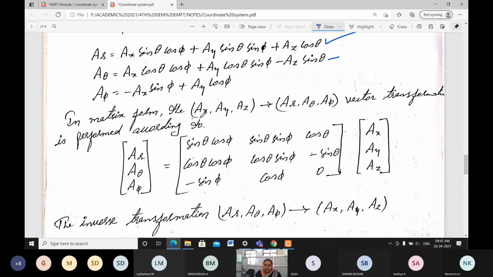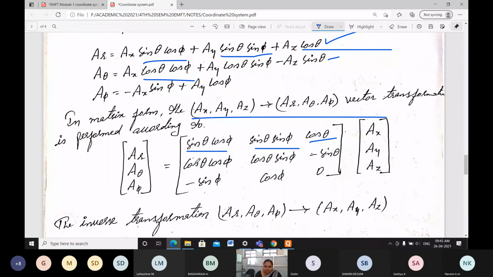In matrix form, I can write Ar, A theta, A phi as the matrix with rows: sin theta cos phi, sin theta sin phi, cos theta; then cos theta cos phi, cos theta sin phi, minus sin theta; then minus sin phi, cos phi, and the z entry is going to be 0 only.